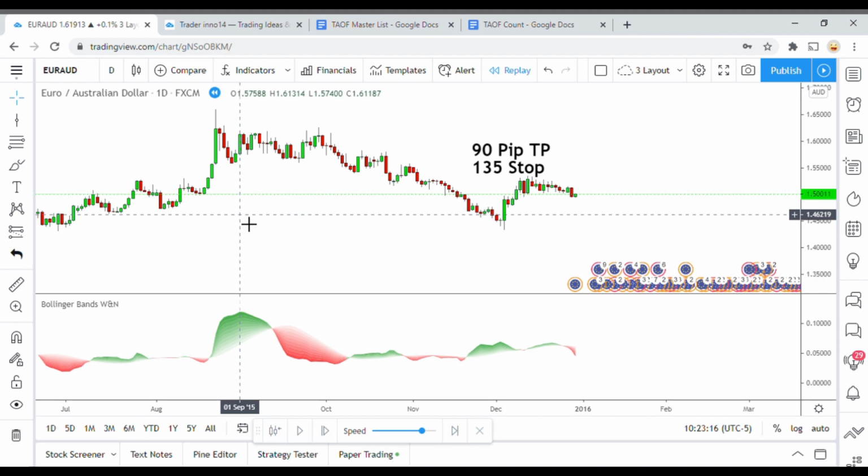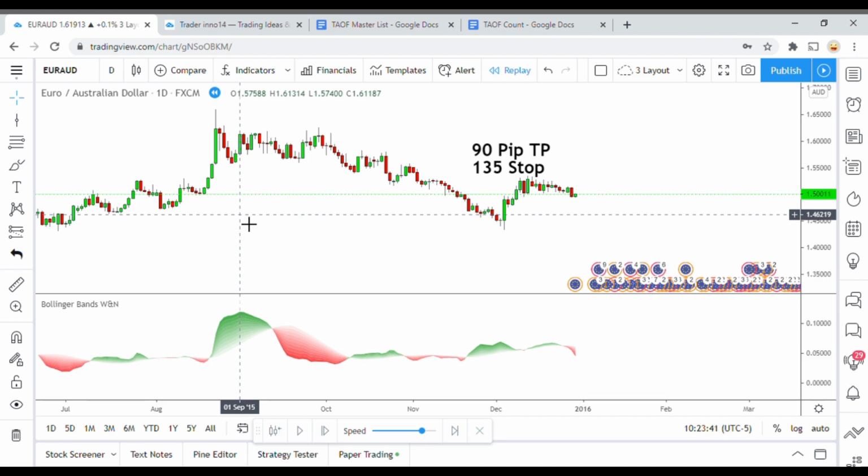Because Bollinger Band is a popular indicator, there are tons of different variations of the Bollinger Band with all kinds of different calculations and different indicators applied to it. We're actually getting pretty close to the end of the Bollinger Bands. There's quite a few, but not an infinite amount.